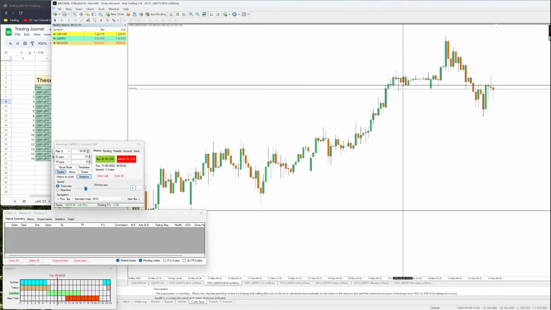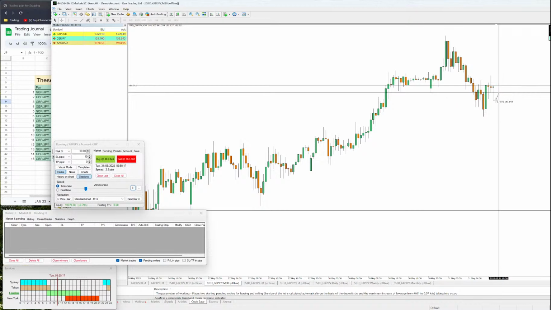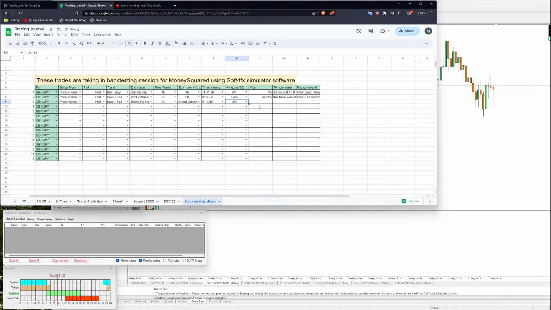Let me see how many pips we were in profit at some point. Break even.